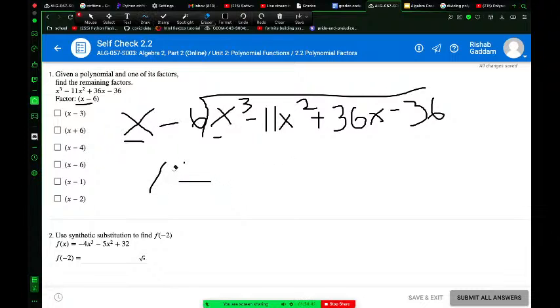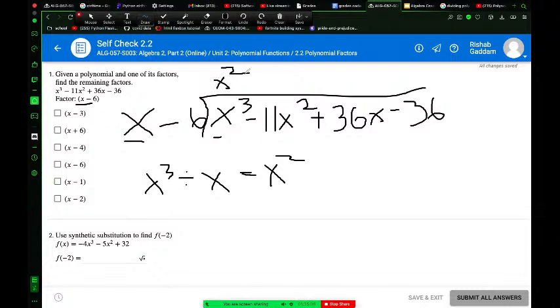So we have to do x to the power of 3 divided by x. So we get x to the power of 2. So we put x to the power of 2 on top.